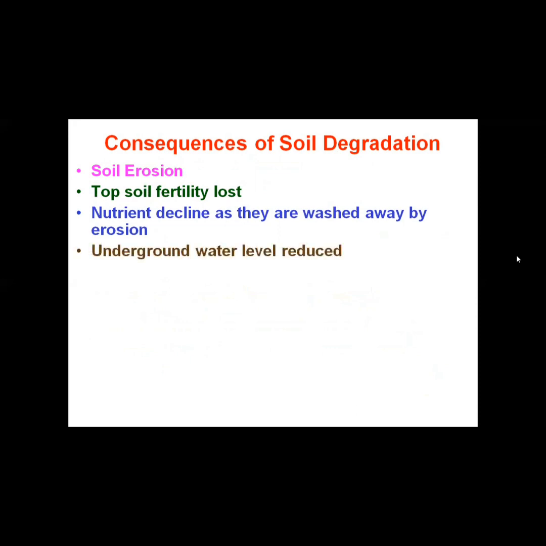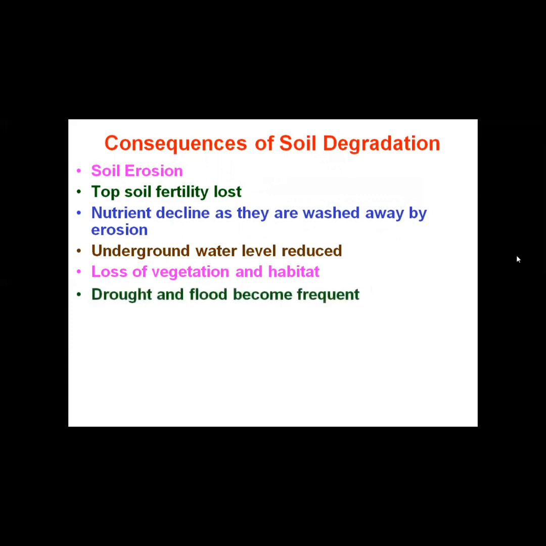Underground water level is reduced, as we are now noticing in our areas. Loss of vegetation and habitat: if shifting or jump cultivation is followed and increased, it will cause loss of vegetation as well as habitat for wildlife.